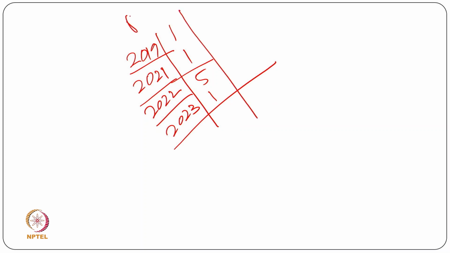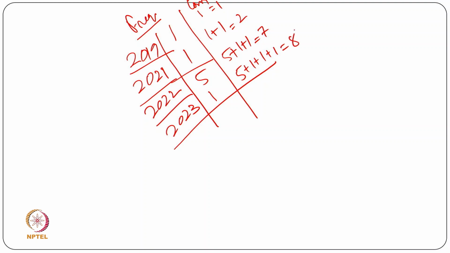So this is our frequency. Now the cumulative frequency will be: this is 1, then 1 plus 1, then 1 plus 5 plus 1, and then 5 plus 1 plus 1 plus 1. So this is 1, this is 2, this is 7, and this is 8.